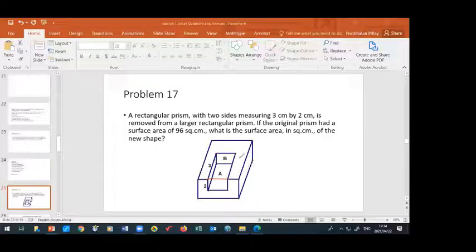Okay, so now how does one go around solving this problem? If the original prism had surface area 96 square centimeters, what is the surface area in square centimeters of the new shape? Now this is quite a tricky problem.